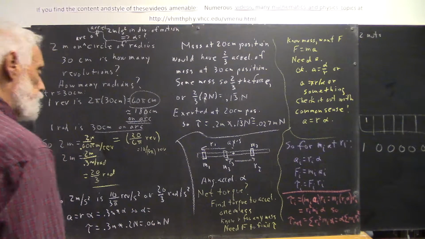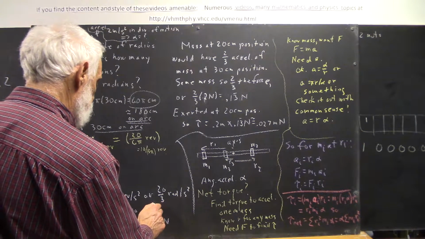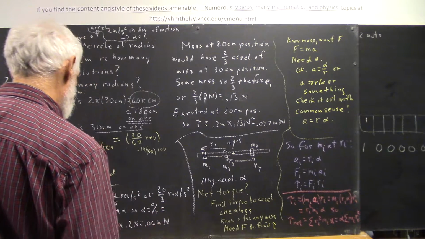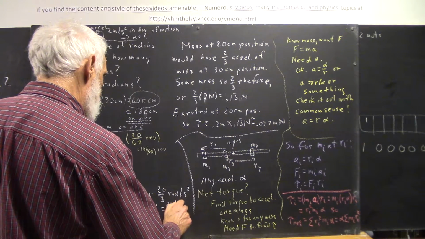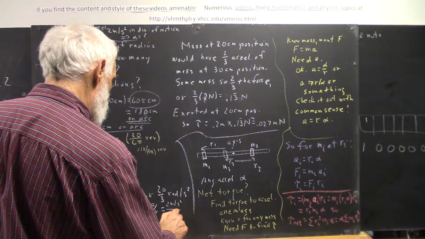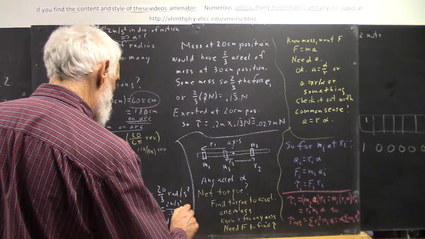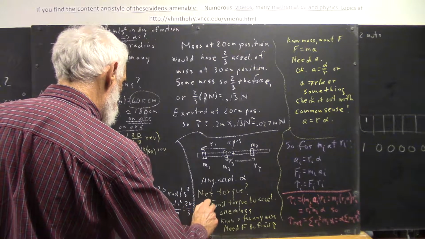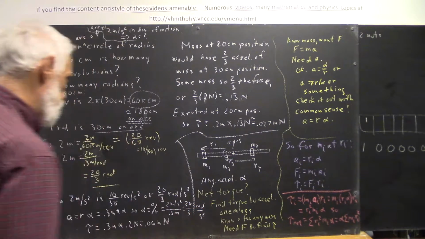So alpha equals acceleration divided by the radius, which is 2 meters per second squared divided by 0.3 meters, which is 20/3 radians per second squared.